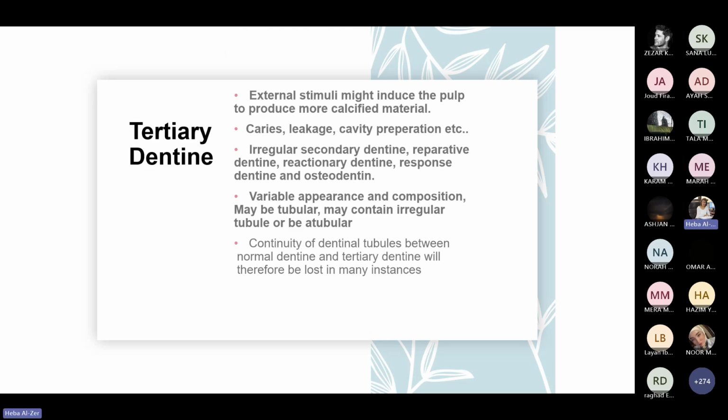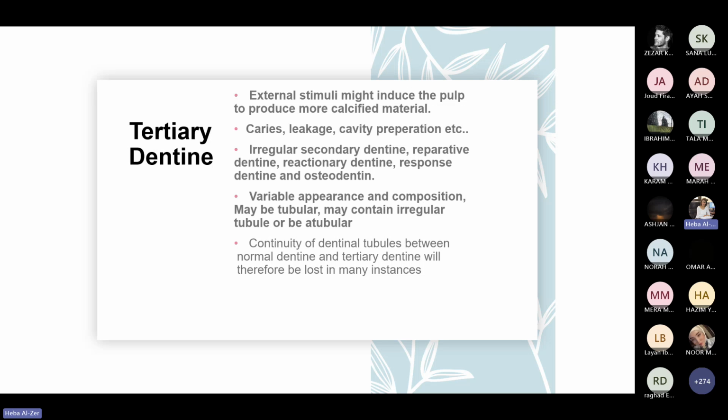Tertiary dentine is the dentine that is secreted because of a pathological stimulus, of course, like trauma or carious lesion or cavity preparation. It has many names: irregular secondary dentine, reparative dentine, reactionary dentine, response dentine, and osteodentine. Why is that?